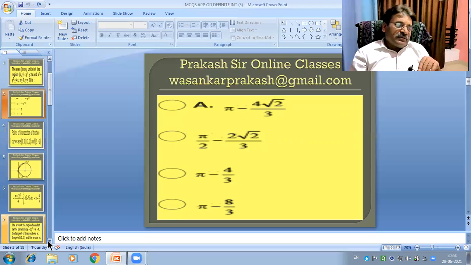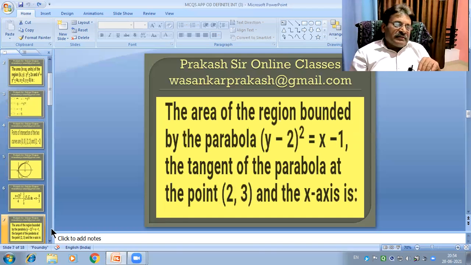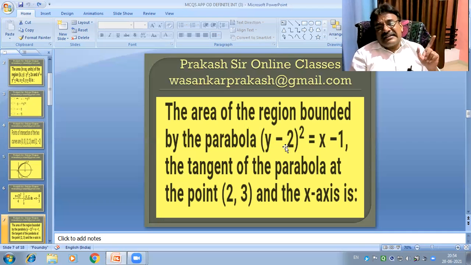Next, we solve the second multiple choice question. The second multiple choice question is: the area of the region bounded by the parabola (y - 2)^2 = x - 1, which is the equation of the parabola with vertex at (1, 2).